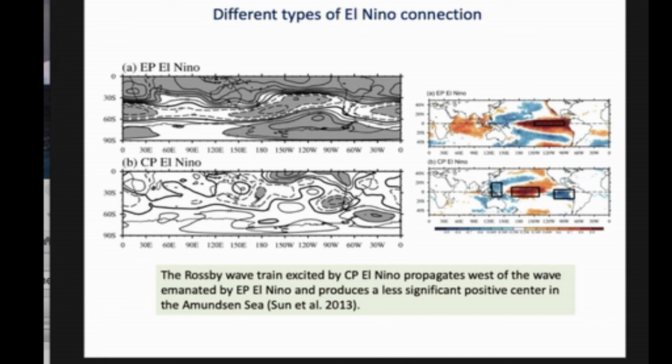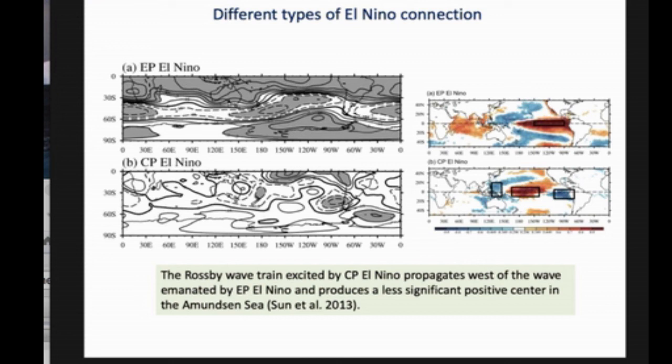So this is an example of different El Nino connections. This is Eastern Pacific. We can see it very clearly. These are the pressure anomalies. In the Eastern Pacific, we have this diagonal wave coming into the high latitudes. The anomaly pressure center is in the Amundsen Sea low, but in the Central Pacific, this wave train is coming from further east.